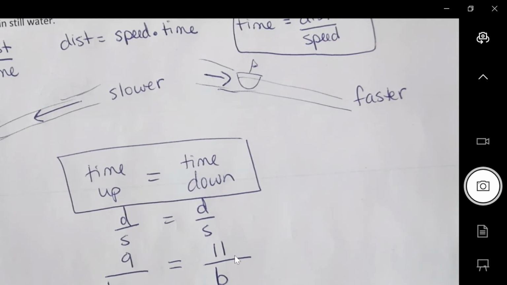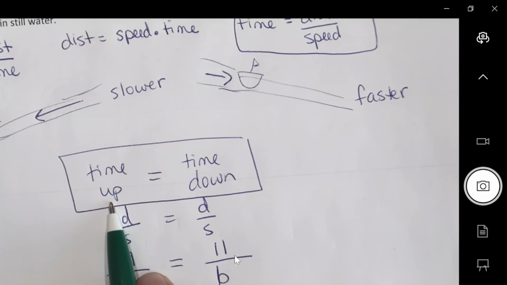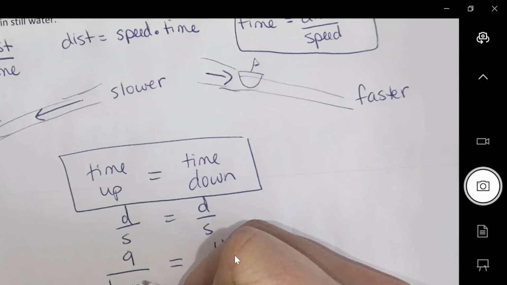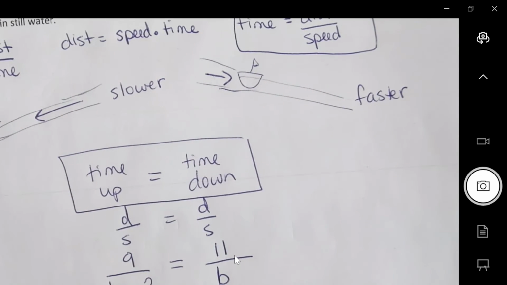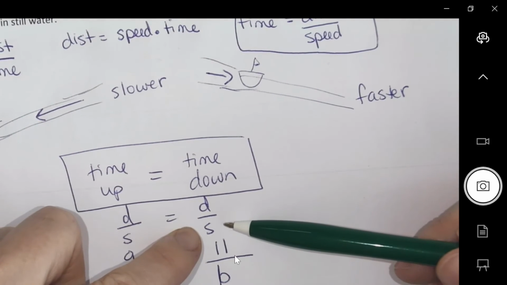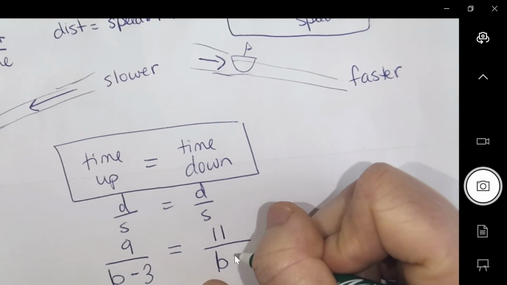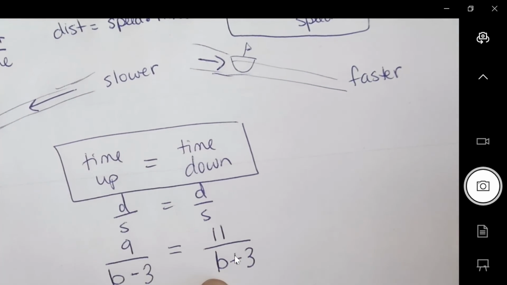I do not know the speed of the boat. I know that the speed of the boat, when I go upstream, will be getting slowed down by 3. When I'm going downstream, it will be the speed of my boat plus the speed of the water, making me faster. Right? Does that make sense?